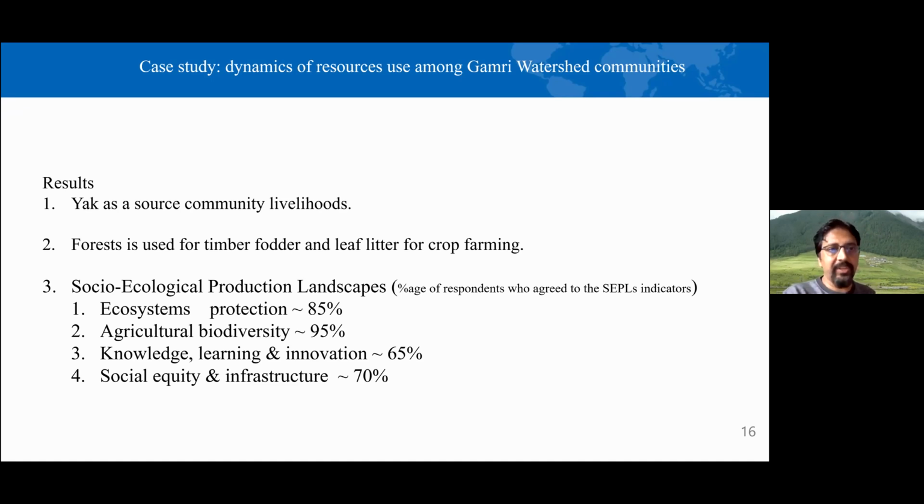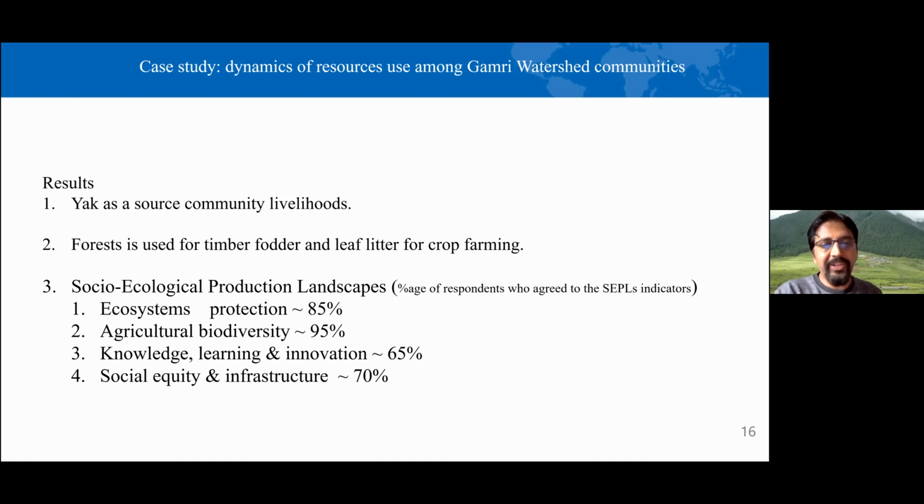And then forest is also used for timber, other than the fodder, and a little for crop farming. And then in a broad theoretical framework, we asked people, what about the socio-ecological production landscapes? What do you think? And people said that ecosystem protection is very important. Agricultural biodiversity is very important, in fact.